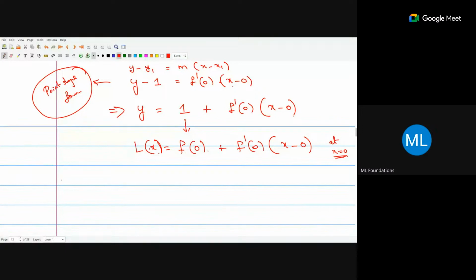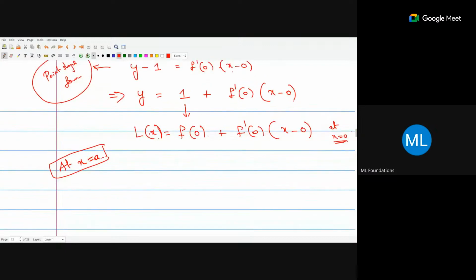Instead, if I am interested to find the linear approximation at x is equal to a, same thing, that linear approximation will be f of a, instead of 0 you just have to write a, f of a plus f dash of a times x minus a.